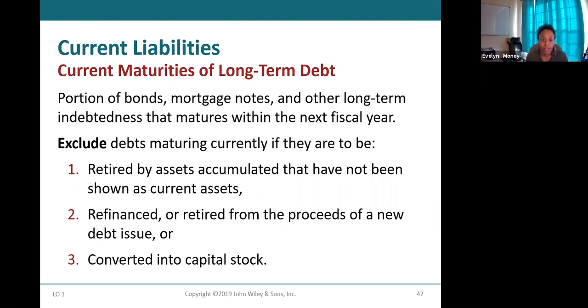So any debts that are coming due should not be classified as current debt if they fall into one of these three categories: they're retired by using non-current assets, they are refinanced, or they are converted into stock.